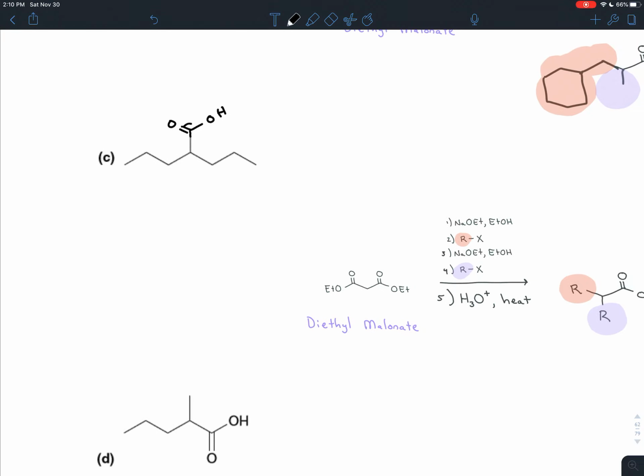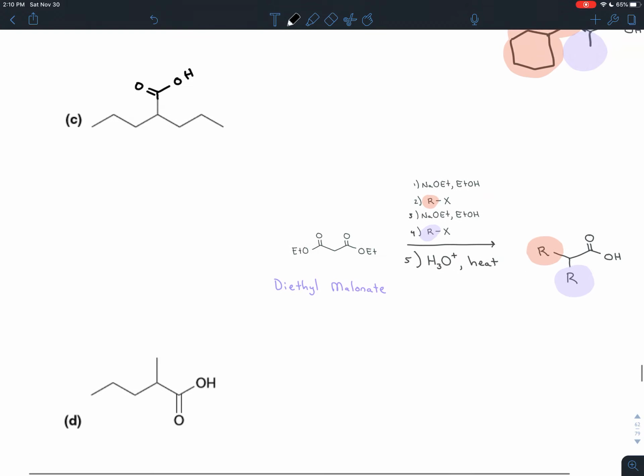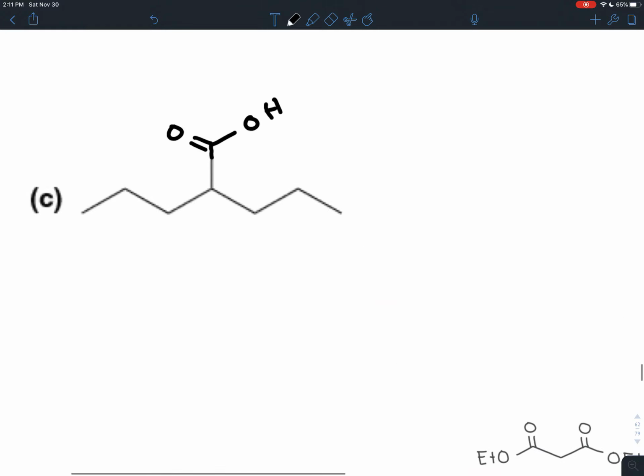We have the C, O, O, and H. So that's our carboxylic acid, and anytime you see a carboxylic acid from now on, you want to think, I could make that using the Malonic ester synthesis. I would just use diethyl malonate, sodium ethoxide, and ethanol, and then I'd have to think about what alkyl halides I would need to use in my SN2 reactions.